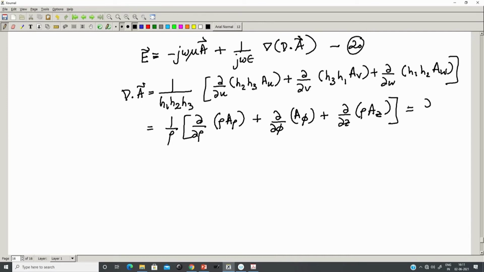That is equal to del del z, that is equal to del psi del z, as A has only a z component.